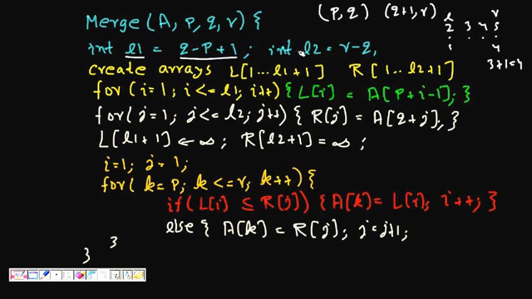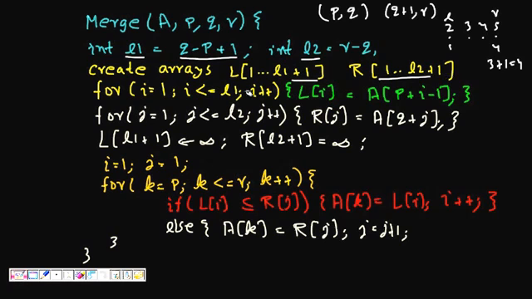Now L2 is R minus Q, because we have R minus Q elements on the right. So we created arrays L with 1 to L1 plus 1 elements on the left, and R also has 1 to L2 plus 1 elements.